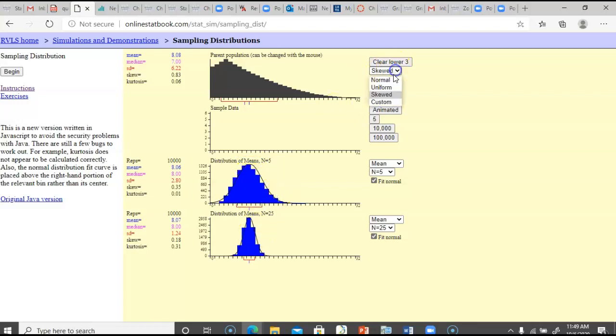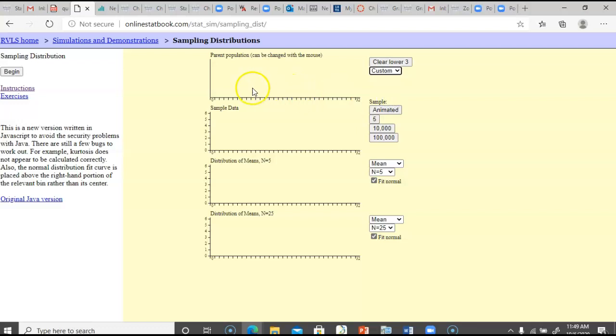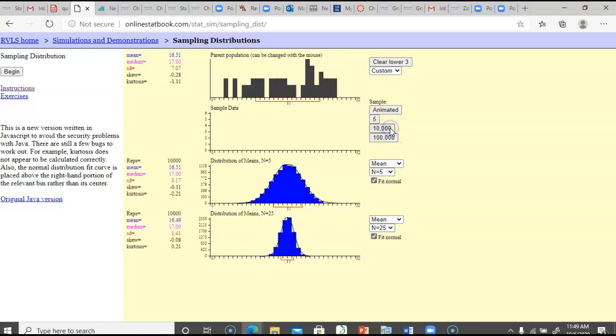I can even make up some kind of weird custom population here, something that looks like this, and plot the points, and I still end up with a normal distribution. So this shows you that regardless of what the original parent population is, when I plot the distribution of the means, I'm going to get a normal distribution.